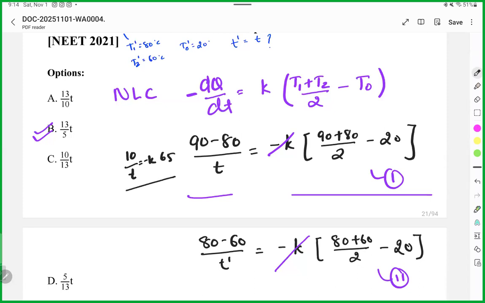Second: 20 by T dash is equal to minus K times, 80 plus 60, 140 divided by 2, 70 minus 20, 50. K cancels. Now it will be easy. 10 by T over 20 by T dash is equal to 65 by 50. Now tell me, 2 and 25. So T dash will be equal to 65 by 25, isn't it? Yes or no? T.